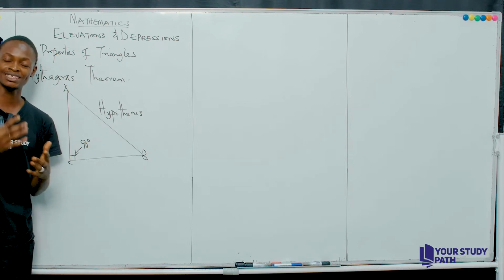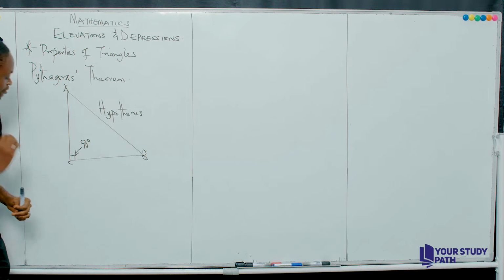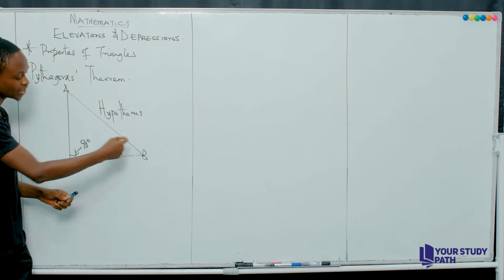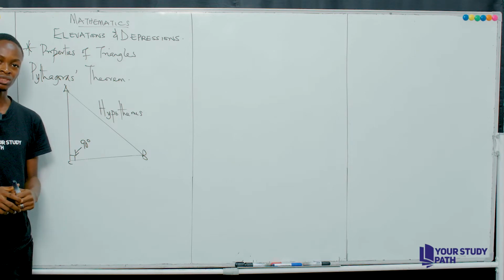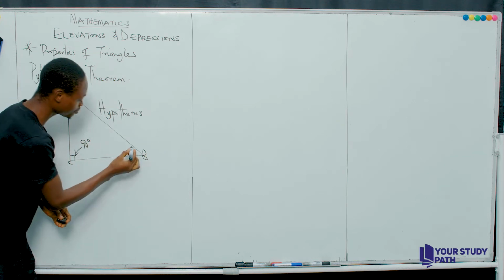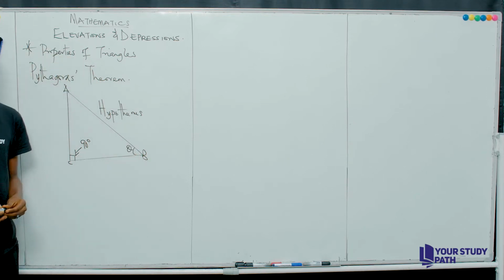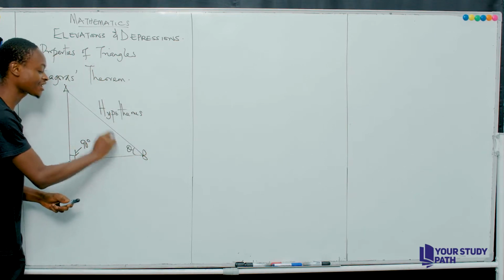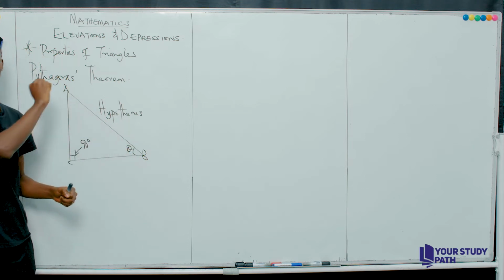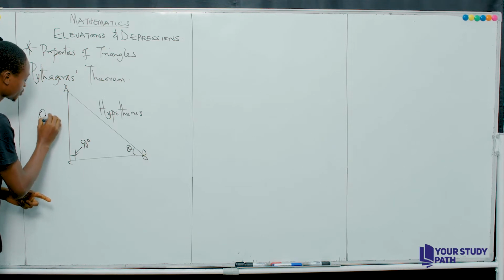How do we now know exactly where they fall? Within this right-angled triangle, if this is the right angle, then it definitely means that the other two angles left are acute angles, that means they are angles less than 90 degrees. If I were to pick my acute angle here and call this theta, then the side directly facing this acute angle theta is called the opposite.